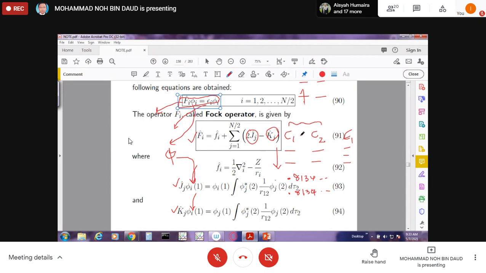The orbital depends on this coefficient, right? So in most calculations, the energy converges earlier than the orbital, which is the linear combination of these two orbitals.